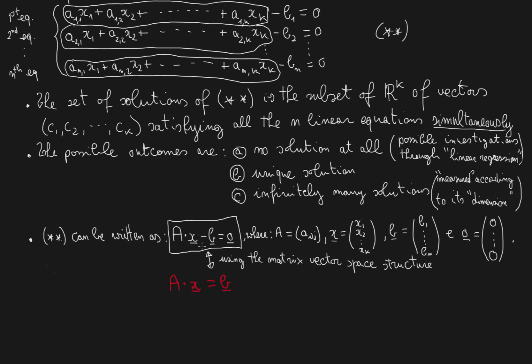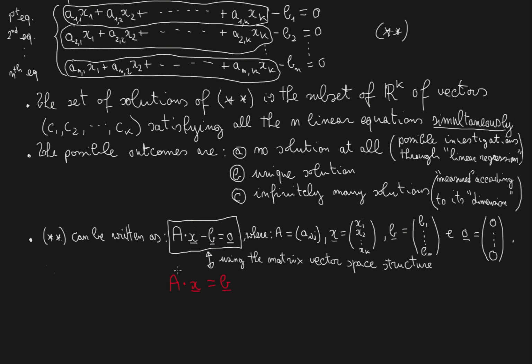All I'm doing here is just summing both sides of the equation with a column vector, the column vector B. So if I sum it up here and there, 0 plus B is going to be B, because 0 is the additive identity element, and negative B plus B is going to be 0, the zero column vector, once again because of the vector space structure of the set of matrices.